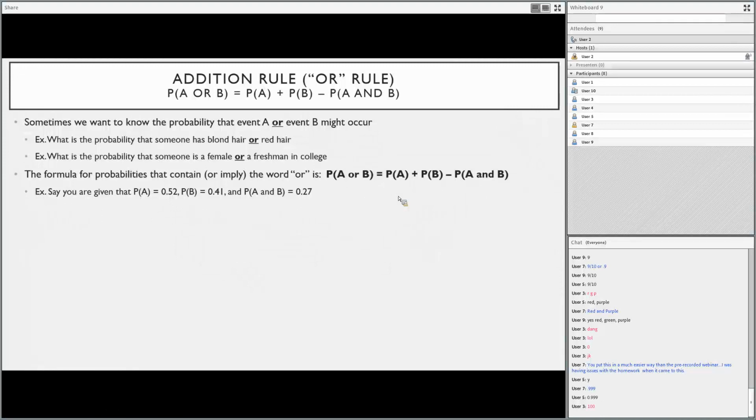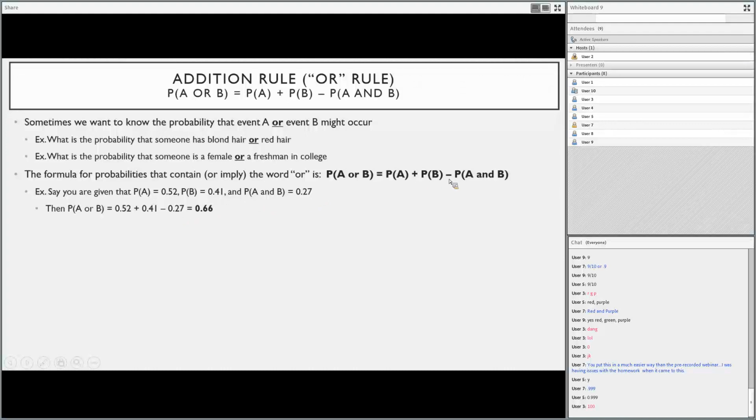So let's take just a straight calculation kind of example. So say you're given in the homework question that the probability of A is 0.52, the probability of B is 0.41, and the probability of A and B is 0.27. So basically, we're just going to plug everything into the appropriate place in the formula. So this is the formula. So probability of A is 0.52, so that goes first.